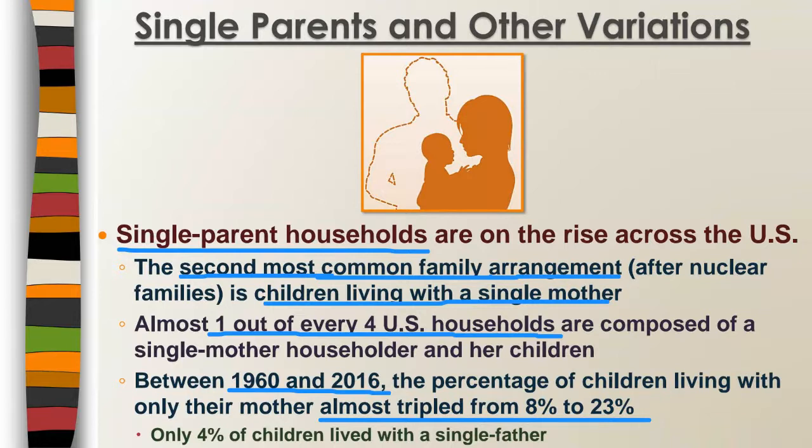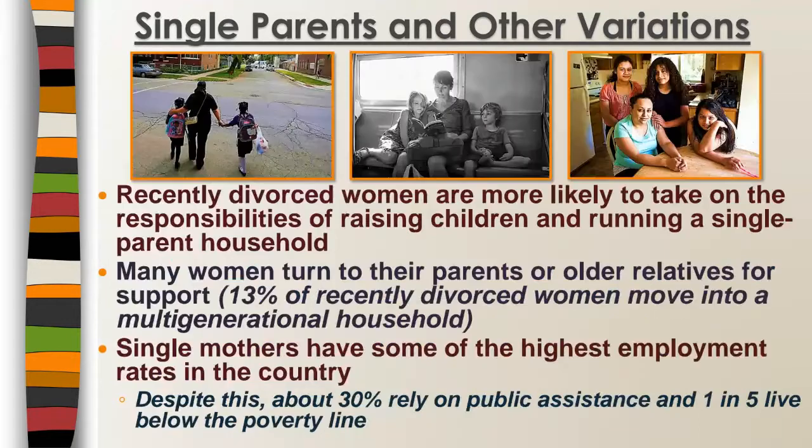From 8% of children living in a single mother household to almost 1 in 4 children living in a single parent household. And that is almost always defined as a household headed by the mother. Only about 4% of children live with a single father.